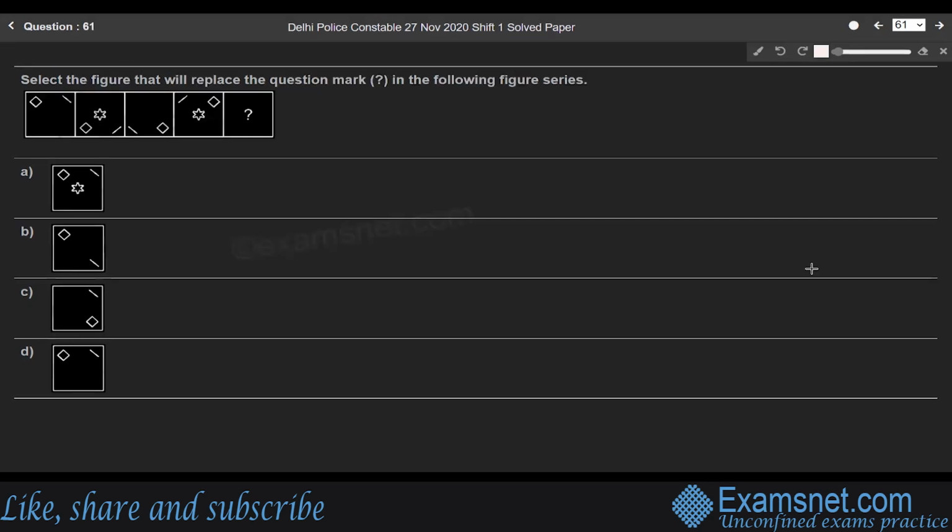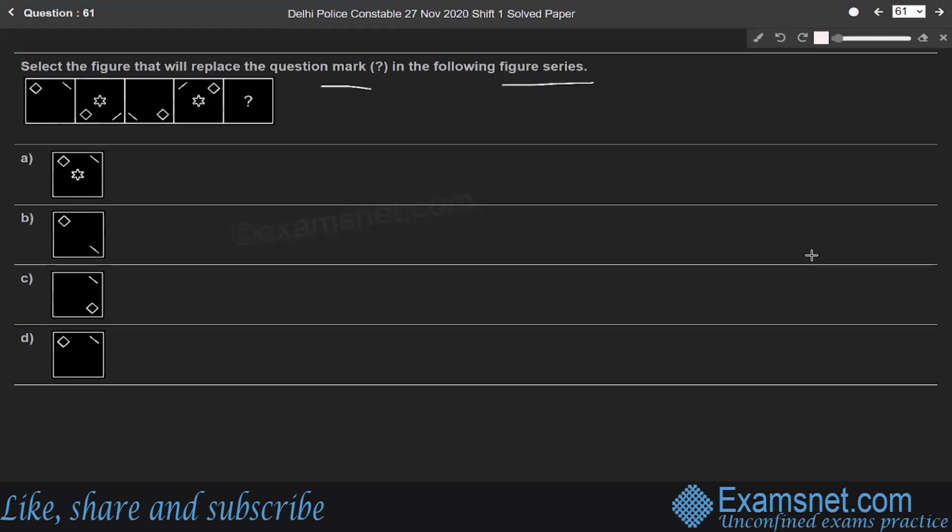Question 61. Select the figure that will replace the question mark in the following figure series. The series is given like this, in which there are 4 figures. Here in the first figure, the image in the first position is moving anti-clockwise.